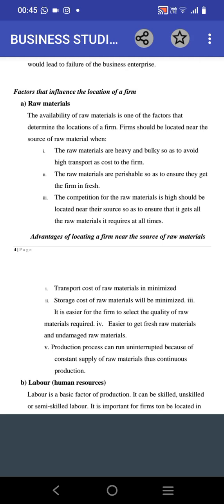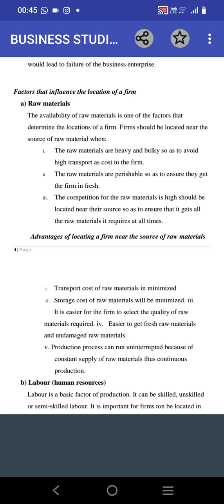It is easier to get fresh raw materials and undamaged. How can they be undamaged? If the farm is near, they will not be damaged. If the farm is far and the raw materials need to be taken from a far distance away, they might be damaged and they might perish at some times.